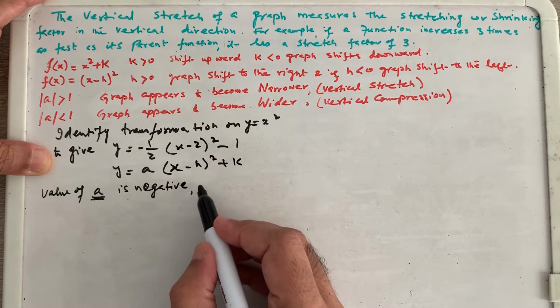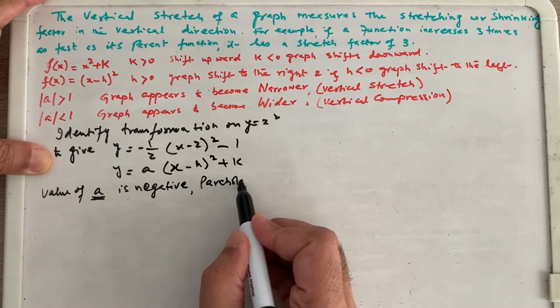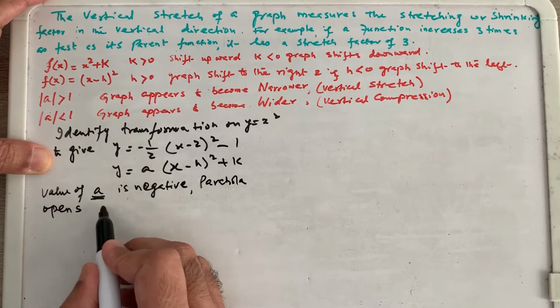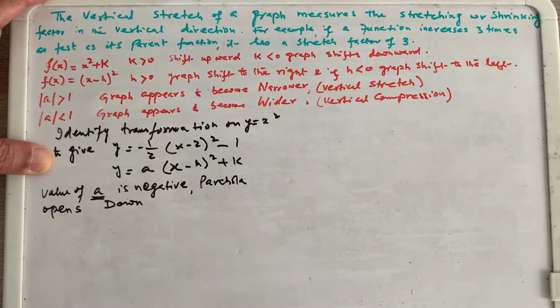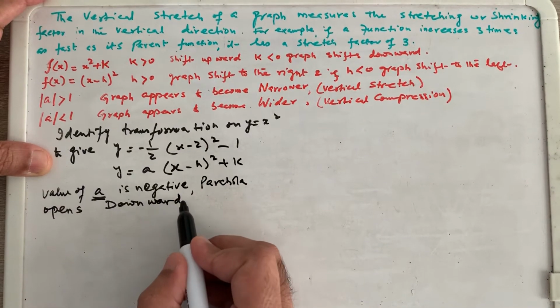So if a is positive, it opens upward. If a is negative, the parabola opens downward. So in this case, we say the parabola opens downward.